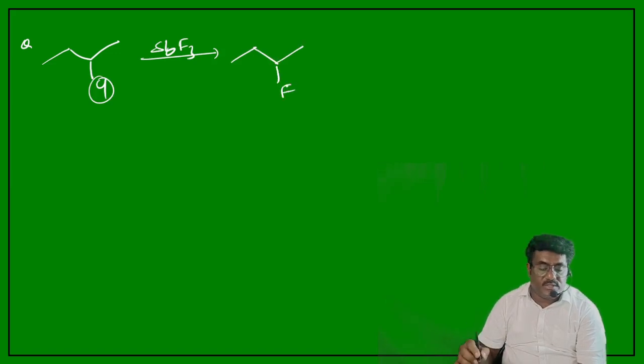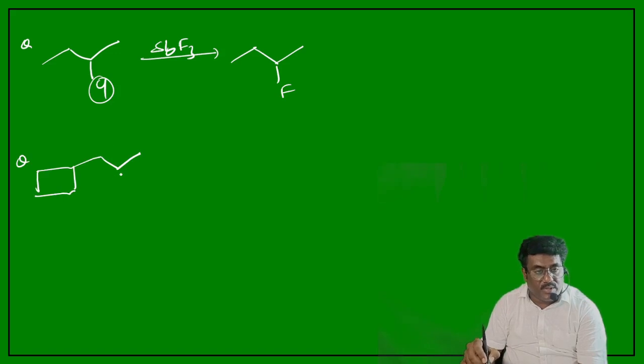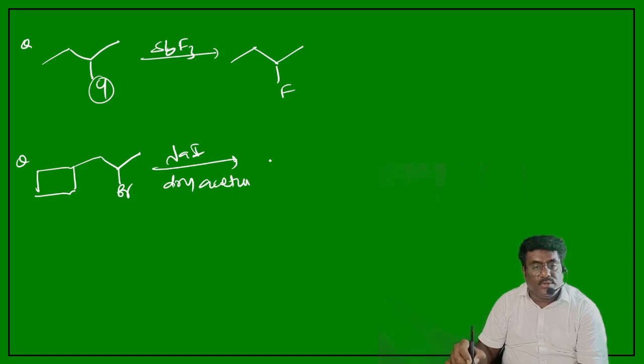One more example: I am taking an alkyl bromide with sodium iodide in the presence of dry acetone. What is the product? It forms the iodide.